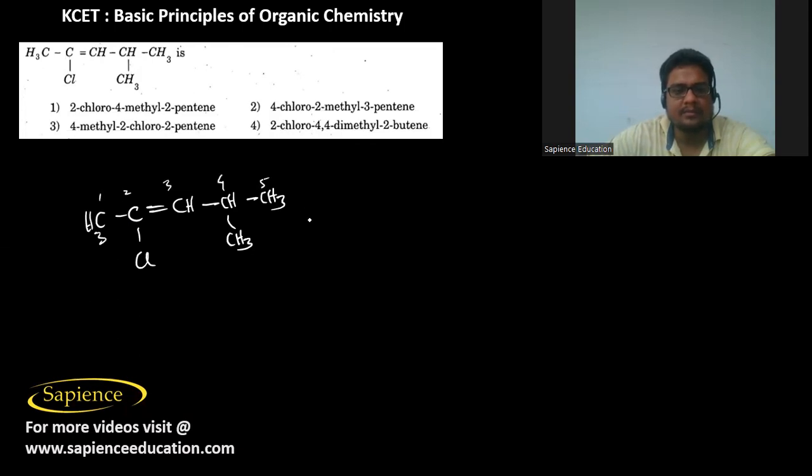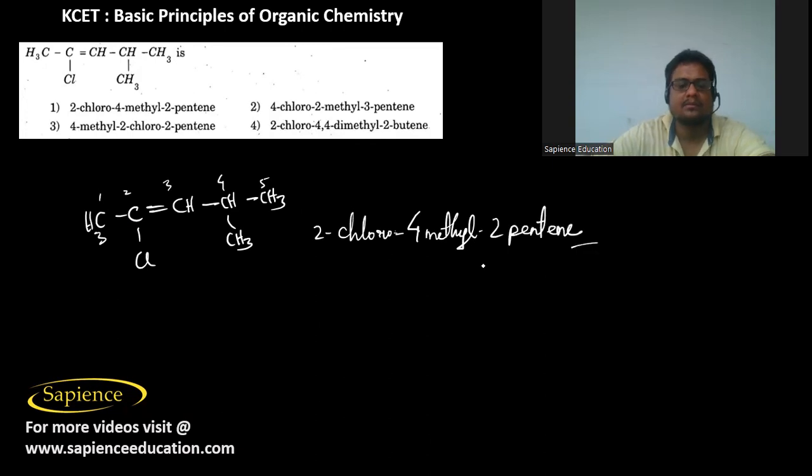So it will be 2-chloro, 4-methyl, 2-pentene, or I can say pent-2-ene also. 2-chloro-4-methylpent-2-ene, or 2-chloro-4-methyl-2-pentene. So option 1 is the correct answer.